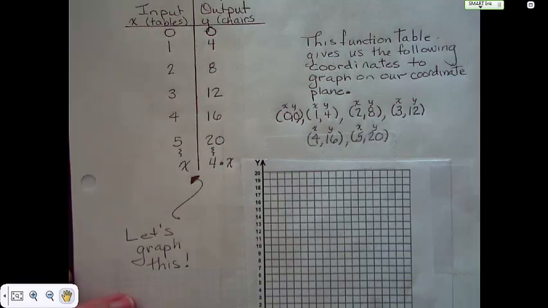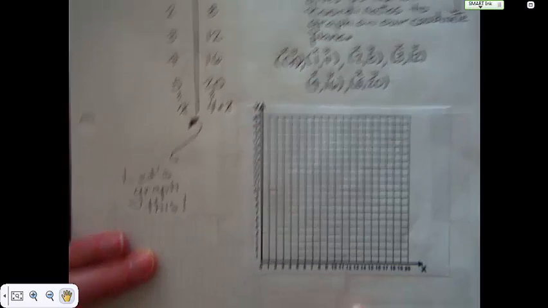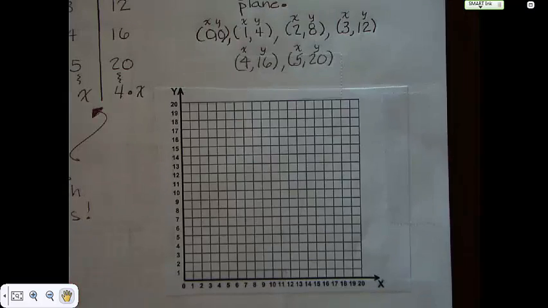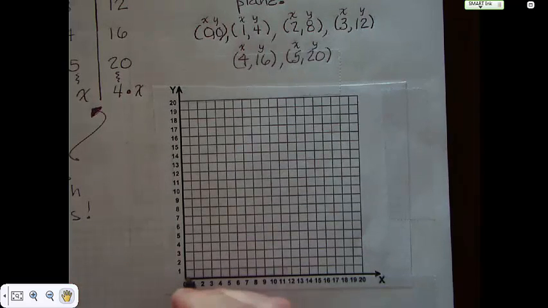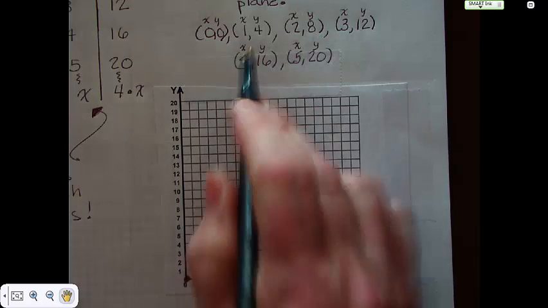Let's graph it, okay? So we have 0, 0. I'm going to blow this up just a little bit so that we can see what we're doing more easily. So I'm going to put a dot on 0, 0. That's the origin. Notice I don't have any other quadrants, and I'll explain that later. Then the next one here is 1, 4.